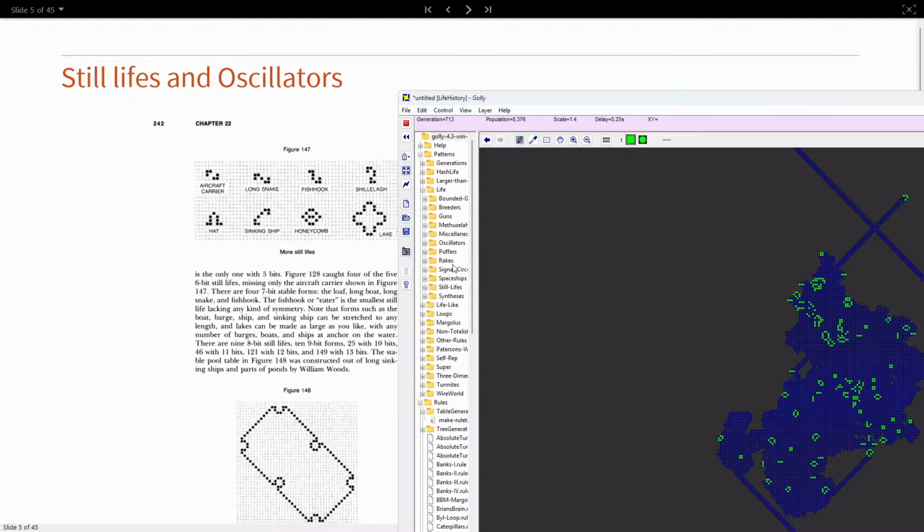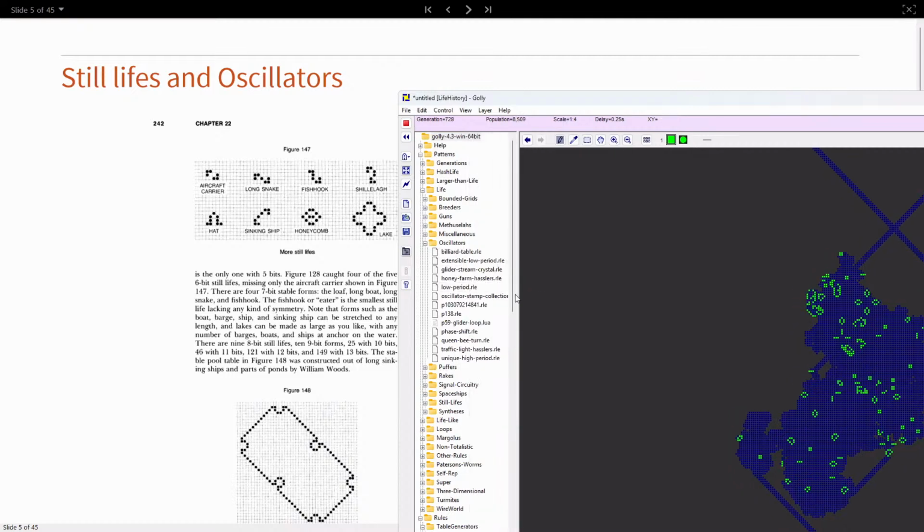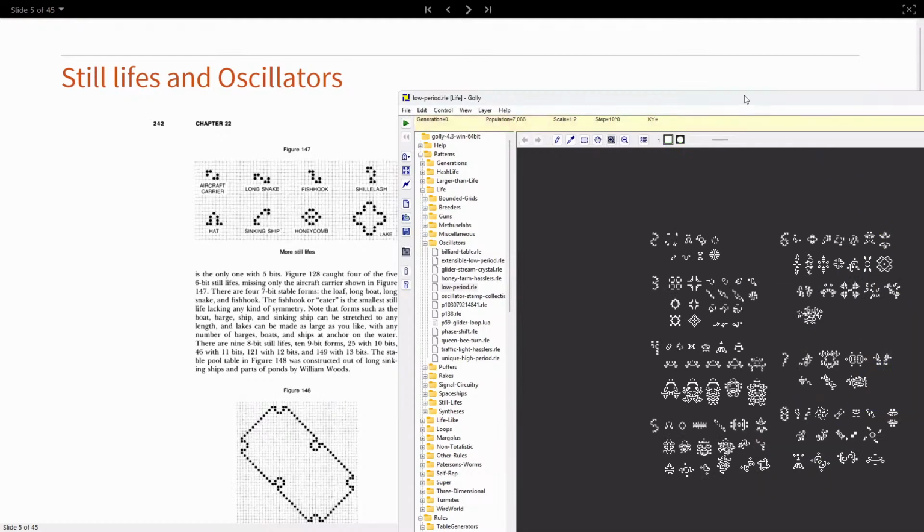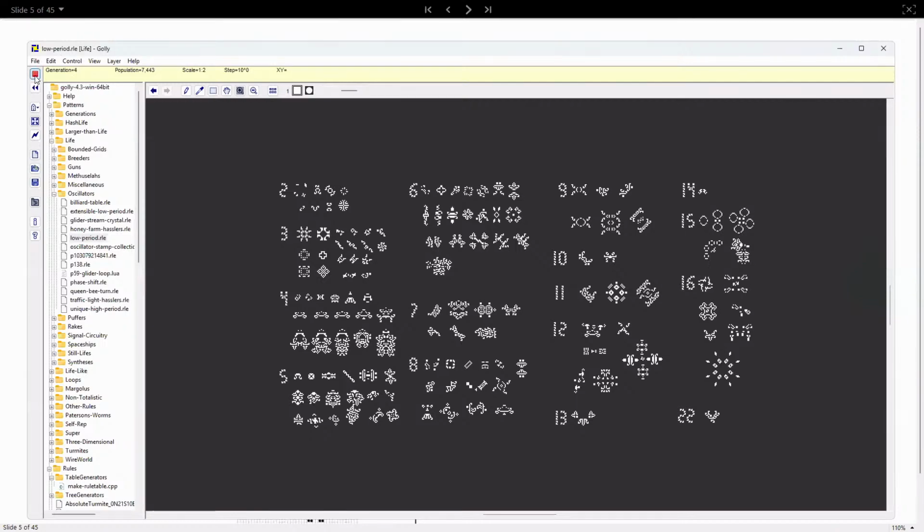I think they have a big oscillator collection here. For example, here's a whole bunch of different oscillators.